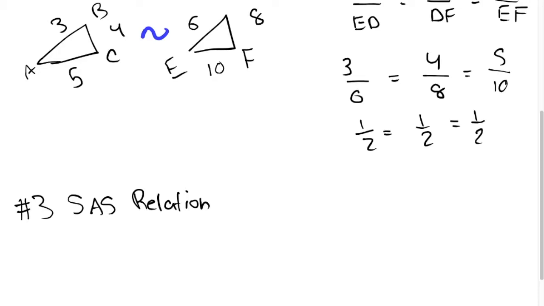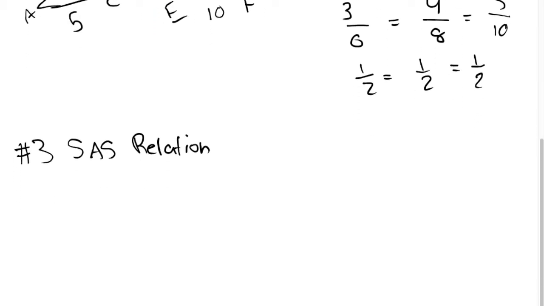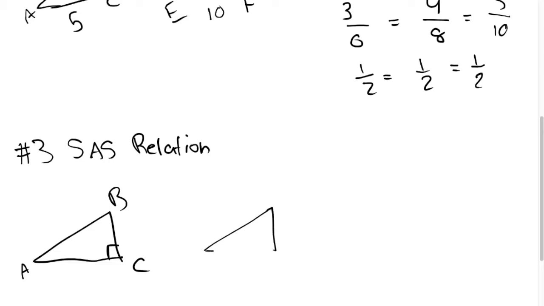Say for example I have triangle ABC again, and angle C was a right angle. And say I also had another triangle DEF, and angle F was a right angle.